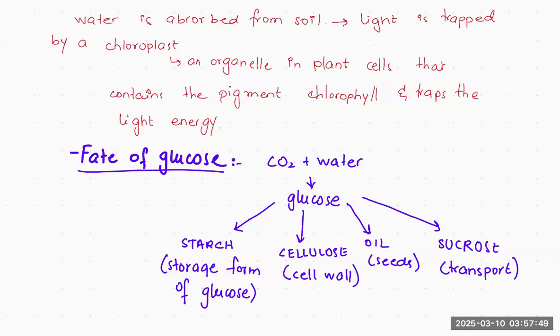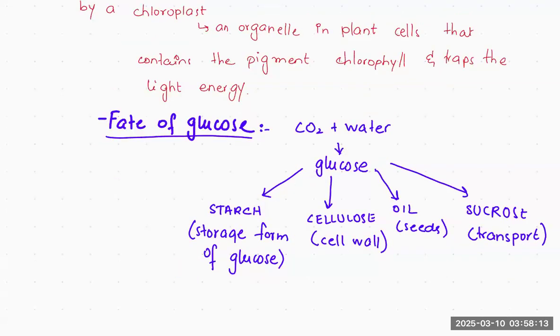There are a few reasons for that. Number one, glucose is reactive, meaning that you can't transport it as it is without it taking part in some type of chemical reaction or disrupting some of the chemical reactions, right?